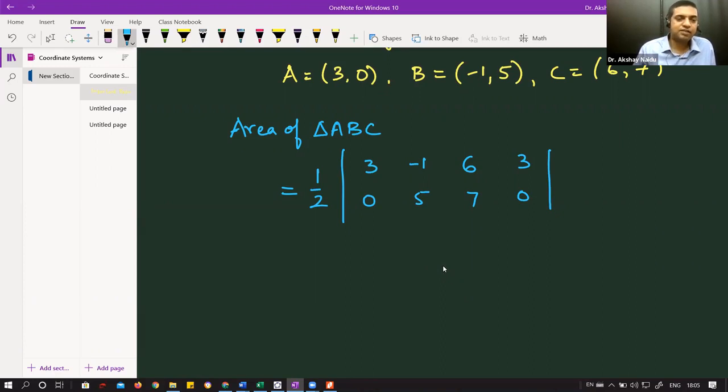Okay, someone has said 43 by 2. Let us check. So downward arrow positive, upward arrow negative, downward arrow positive, upward arrow negative, downward arrow positive, upward arrow negative. So let us do this.